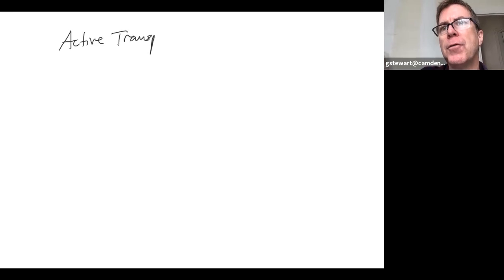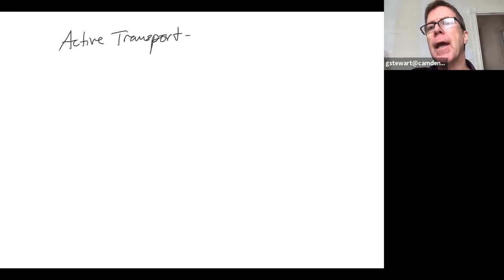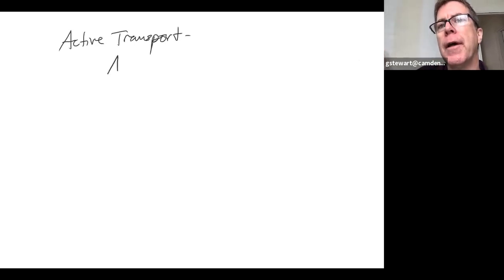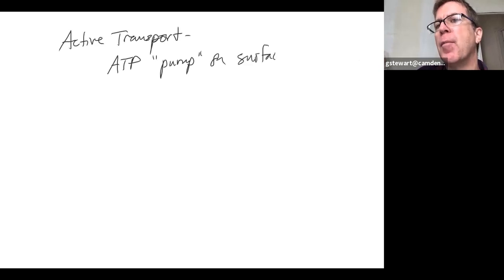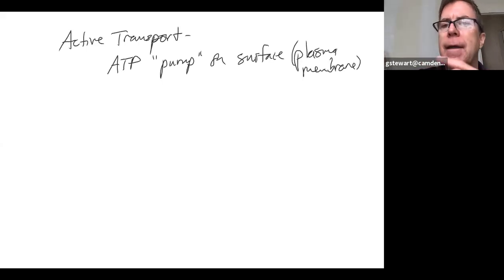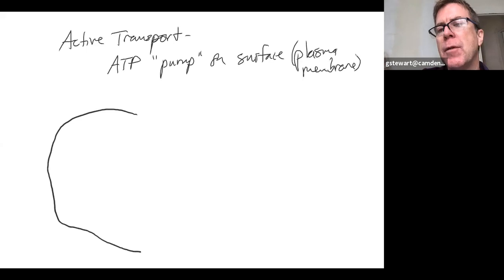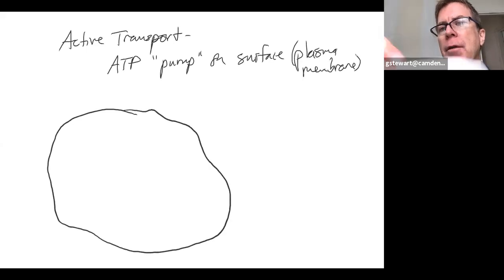Remember, first and foremost, it uses ATP, it uses energy to occur, and typically it requires what we call an ATP pump on the surface or on the plasma membrane. Most people don't really know this, but almost all of the cells in our bodies have these ATP pumps peppered all along the surface of the membrane.